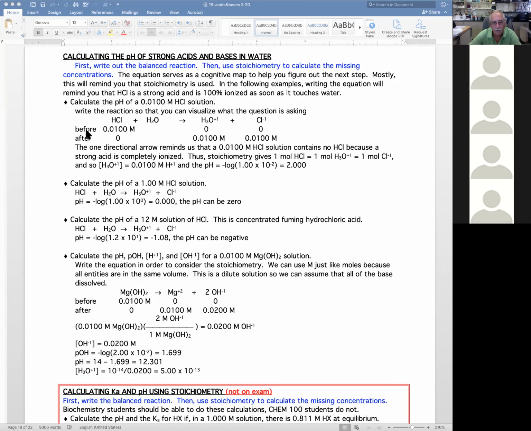That means I start off with 0.01 HCl and none of that. But as soon as it touches water, that's completely gone. And stoichiometry tells me one of these gives me one of those, so 0.01 gives me 0.01. Every time I make one of these, I make one of those. And really, what is it I need to get the pH? Simply that. That's all I need. So the negative log of 10 to the minus 2 is simply 2.